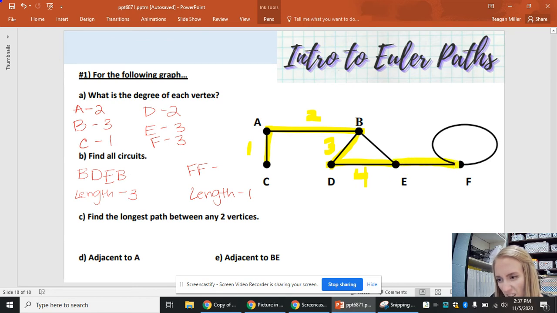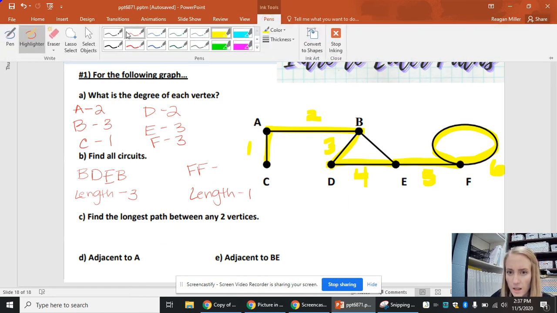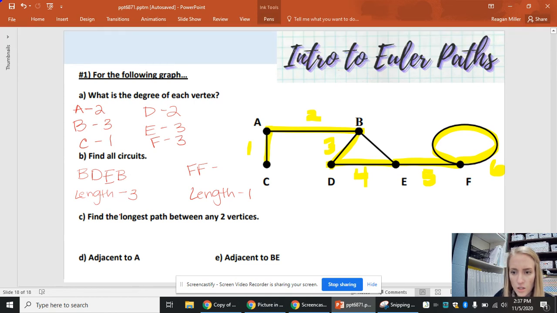E to F, that's 5. And I guess you could probably go from F back to F there and get 6. So if we're writing it out, it might look a little strange. We went from C to A to B to D to E to F.